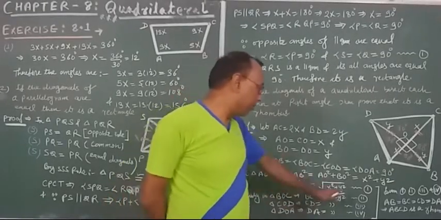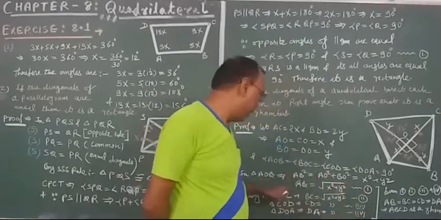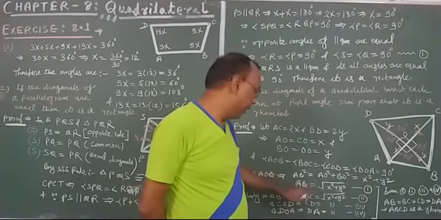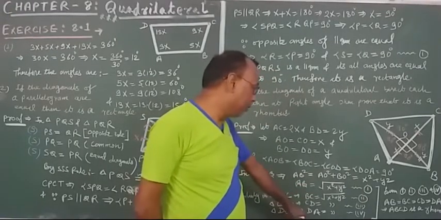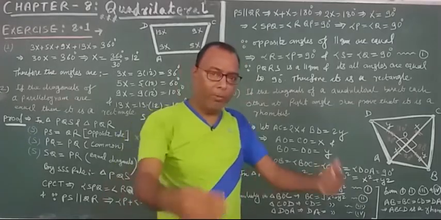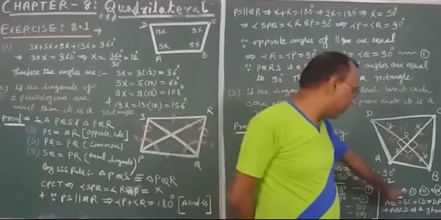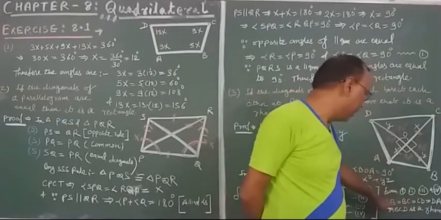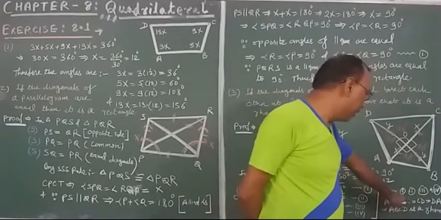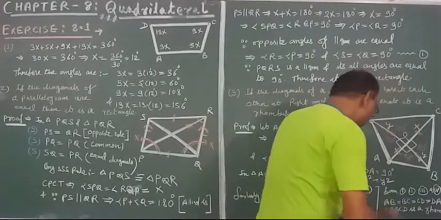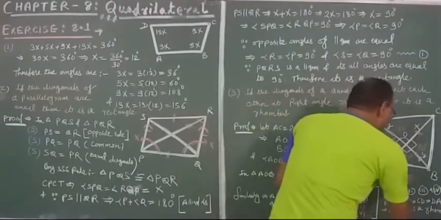Now, from equation first, second, third and fourth, AB is equal to BC is equal to CD is equal to DA. Yani all the 4 sides of the quadrilateral are equal.